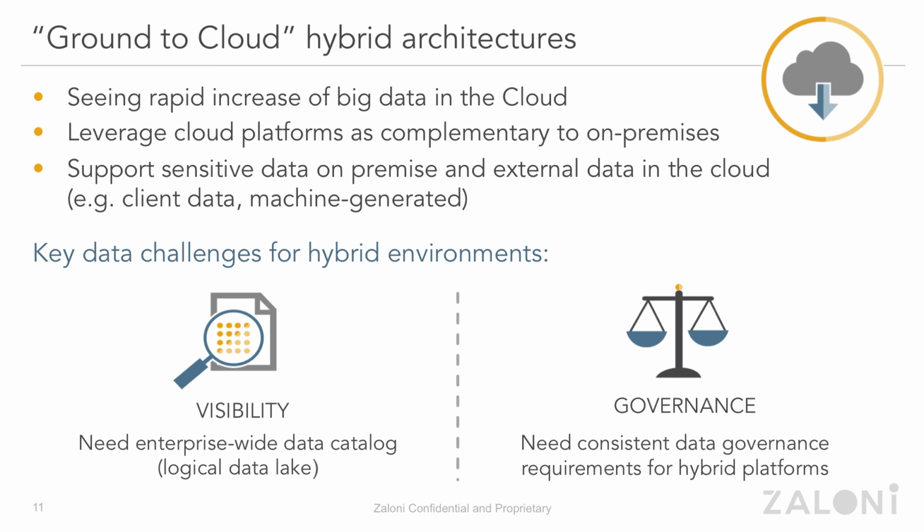So now with all the regulations where countries in Europe need to keep the data in those countries, you may have different service providers providing the infrastructure so that you're creating an end-to-end logical data lake, if you will. So you need to think about visibility of the data and the governance on that data as you have elastic cloud environments or persistent cloud environments that augment your on-prem environments.